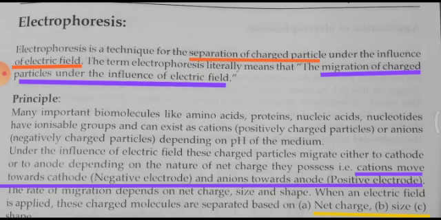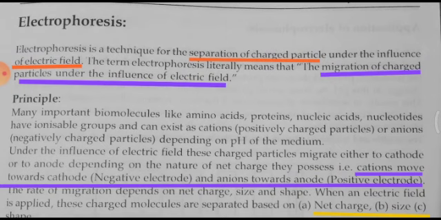So these biomolecules, amino acids, proteins, nucleic acids, possess a charge, and that charge has a different number of positive and negative charges. Based on their net charge, they will move to the respective electrodes.